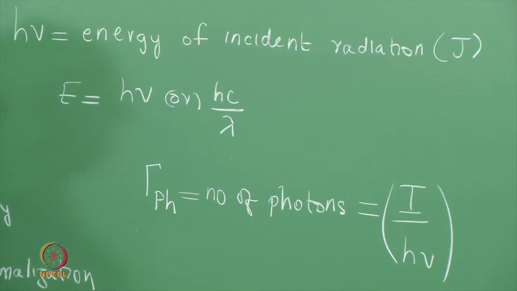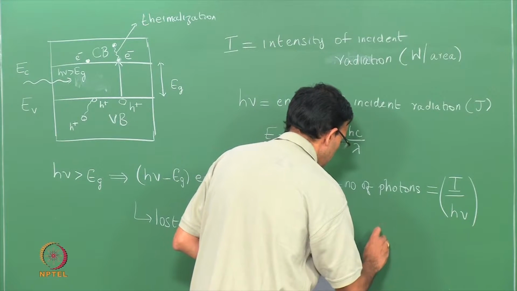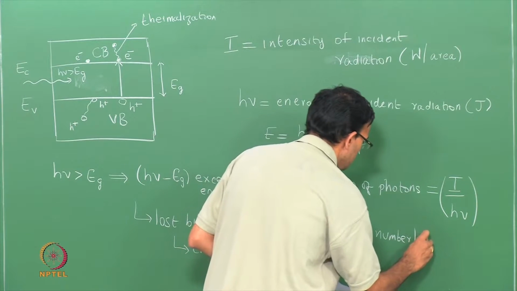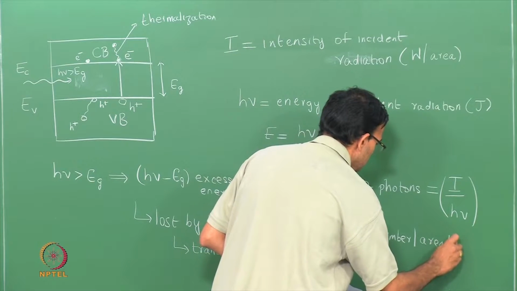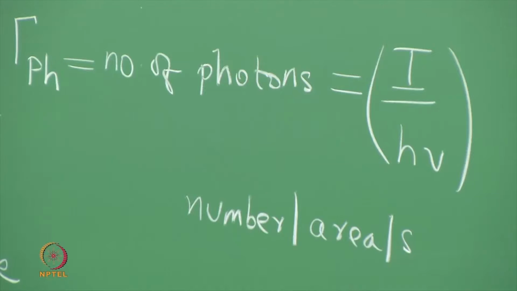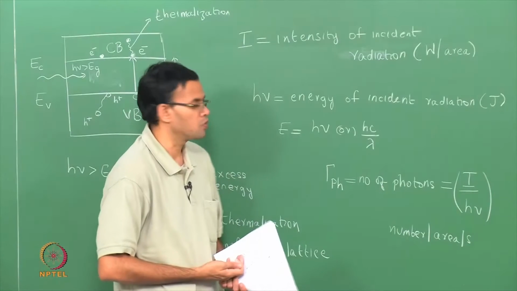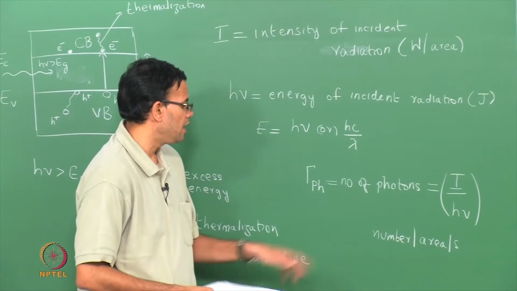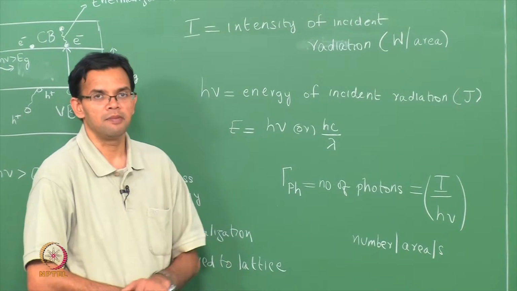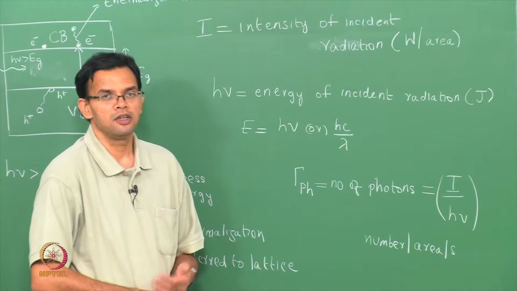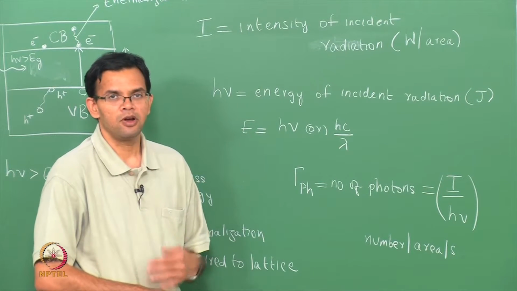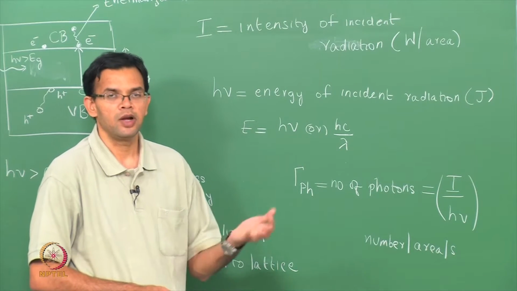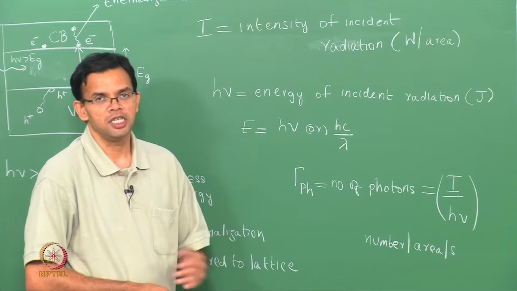So, this has the units of a number per unit area per unit time. So, s is in seconds, area could be centimeter square or meter square, but it is the number of photons that are incident on your sample. Again, if these photons have energy greater than the band gap, they are going to create your electron hole pairs. So, this process can be 100% efficient, which means every incident photon will generate one electron hole pair, or the efficiency can be less than 100.